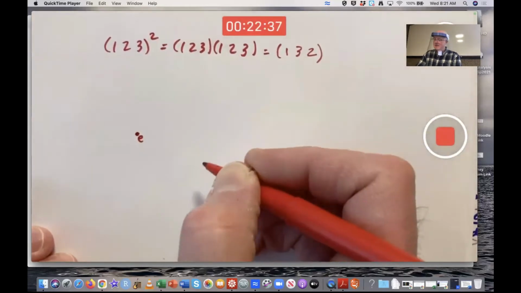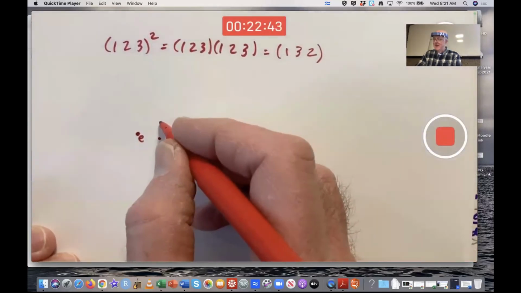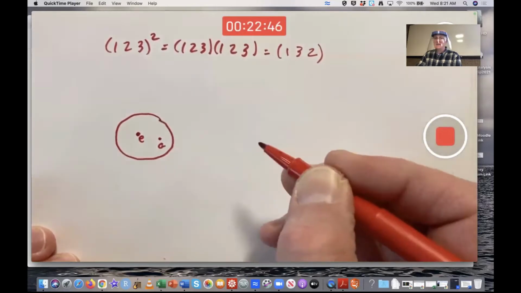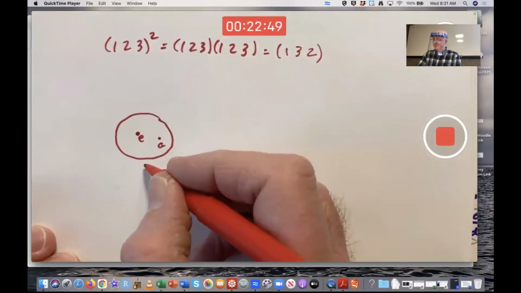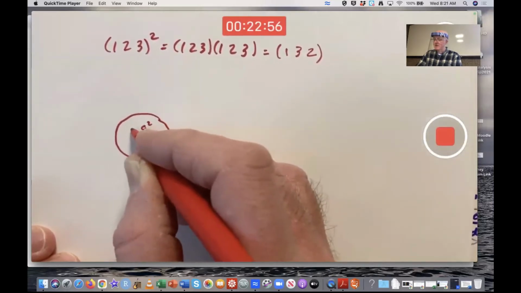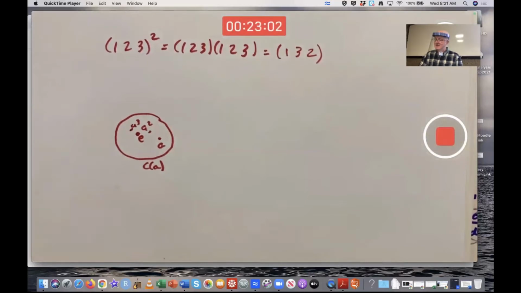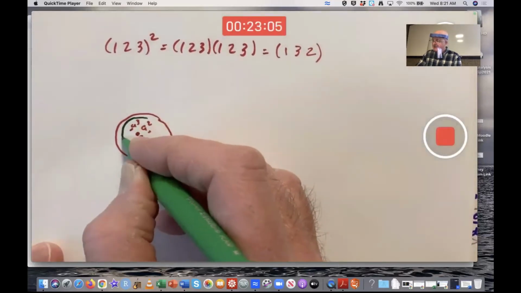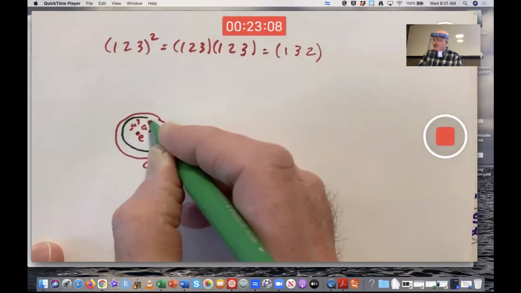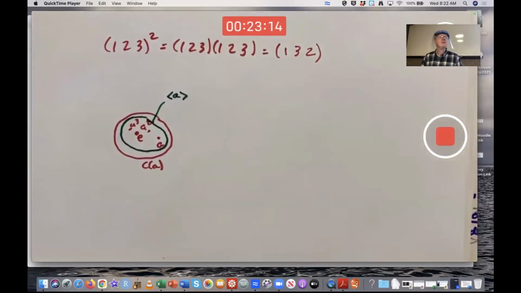Here's E. Say here's A. C of A, the centralizer of A in G, certainly contains both E and A, and also powers of A: A squared, A cubed, etc. So it definitely contains the cyclic subgroup generated by A. It's possible, a priori at least, that the cyclic subgroup generated by A is a proper subgroup of the centralizer of A. Might be equal to it, but might be smaller.